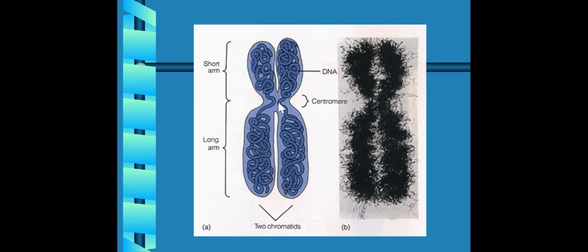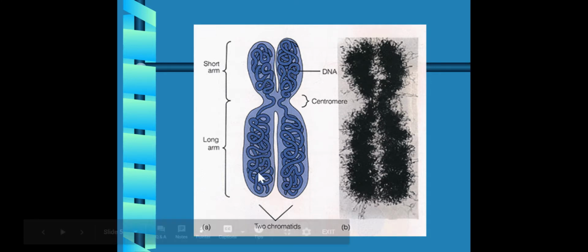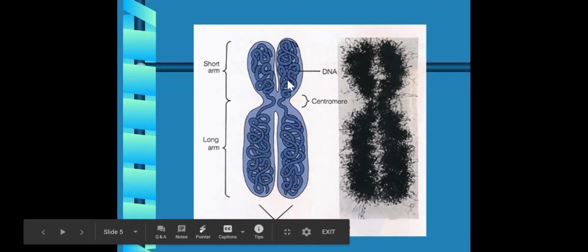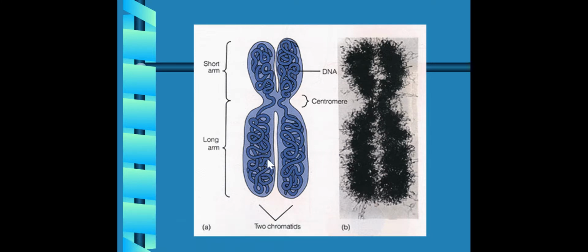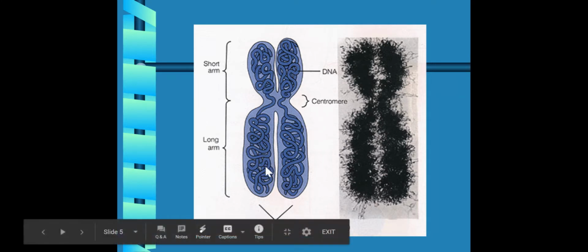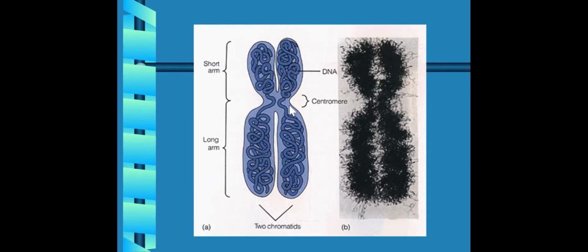So you can see like this DNA doesn't actually come together. There's one strand of DNA here, and on the other side, there's another strand of DNA, and they are exact copies of each other. We call each side a chromatid. So a chromosome is two chromatids joined together at a centromere.